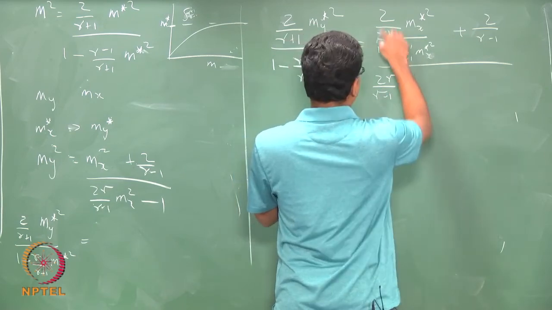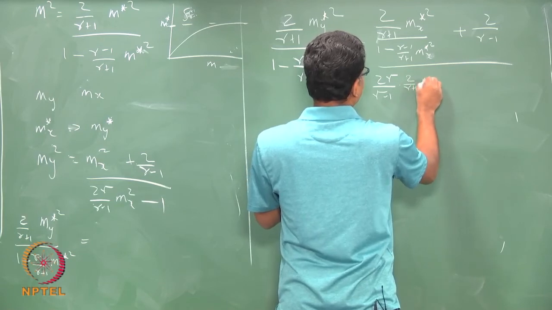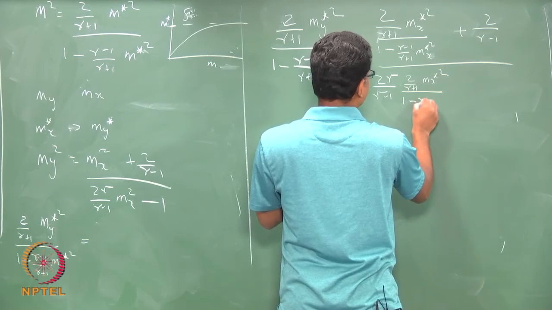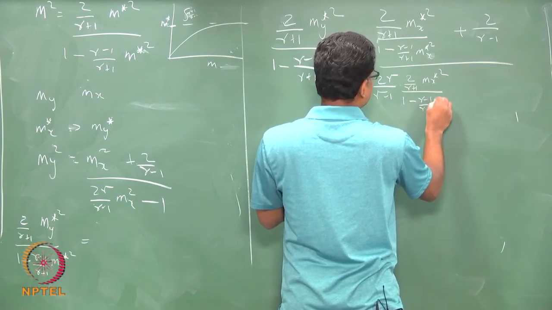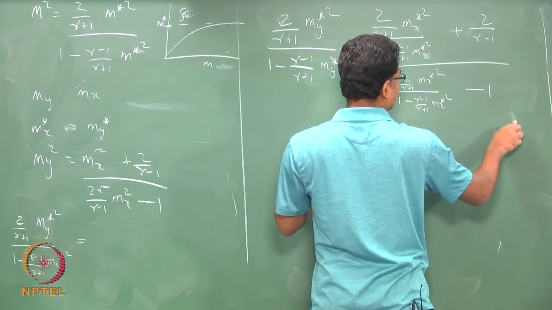Instead of Mx again I write this: 2 by gamma plus 1 into Mx star square divided by 1 minus gamma minus 1 by gamma plus 1 Mx star square, whole minus 1.